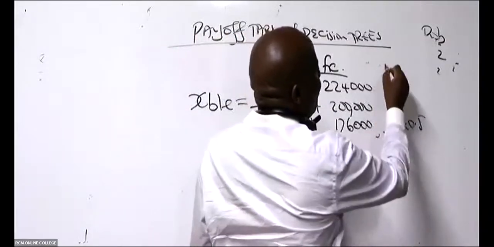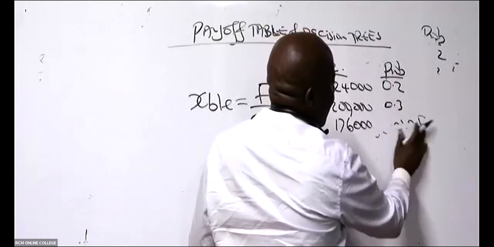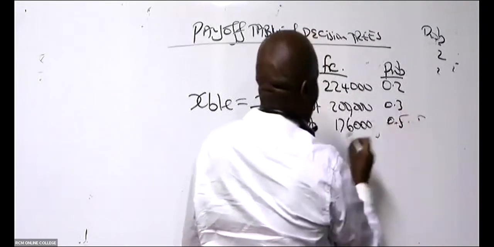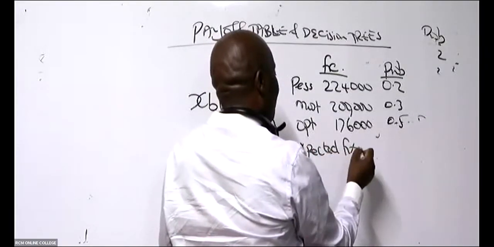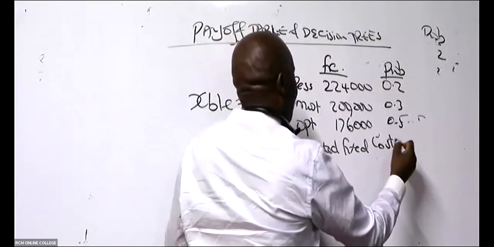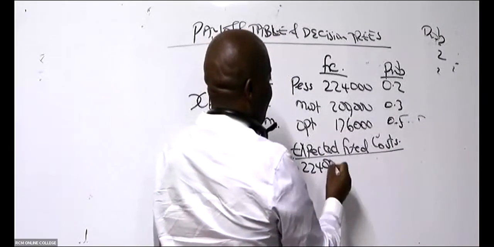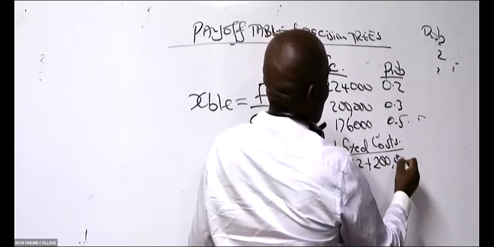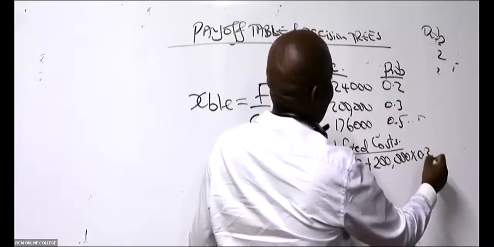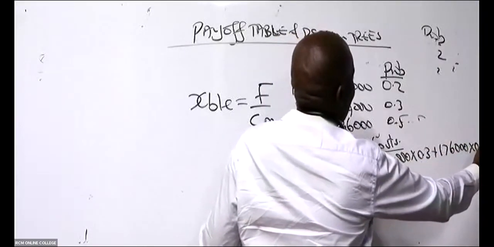But fortunately, we know the probabilities: 0.2, 0.3, and then 0.5. So I can easily get what we call expected fixed costs. This will be 224,000 times 0.2 plus 200,000 times 0.3 plus 176,000 times 0.5.